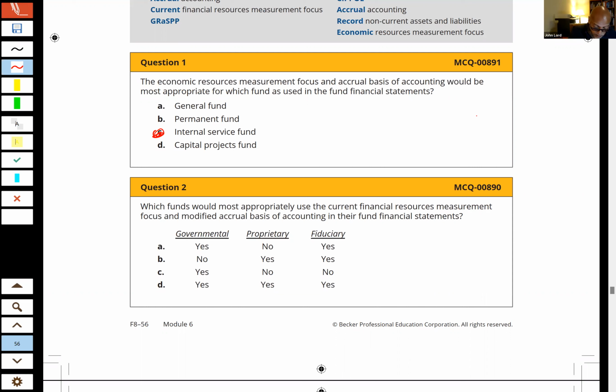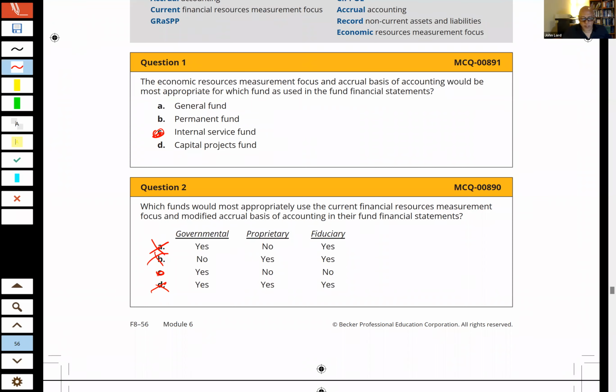So I look, A is wrong because it doesn't have 2 no's. B is wrong because it doesn't have 2 no's. D is wrong because it has no no's. C is correct because only the governmental funds use modified accrual current financial resources measurement focus. Guys, I don't know that you're going to get anything easier than that on the exam.